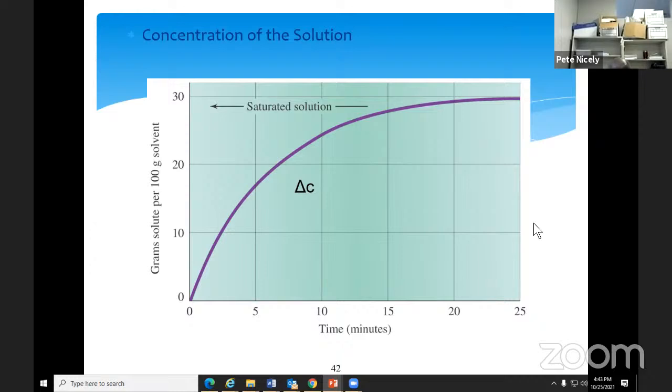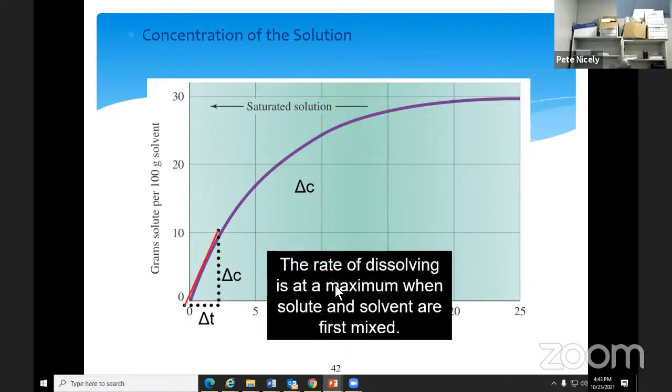And you can actually determine what is called the rate of dissolution using this curve here. If you want to find the rate of dissolution at a particular point, let's say this point here, you draw a tangent to that curve, and then you find the slope of that tangent, which would be the change in concentration divided by the change in time, and that gives you the rate of dissolution. And you'll notice that that slope flattens out as time progresses.